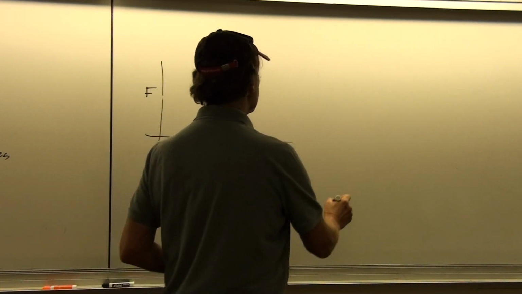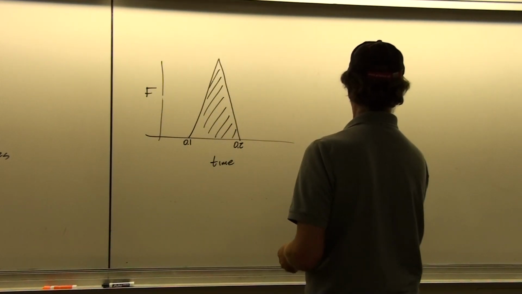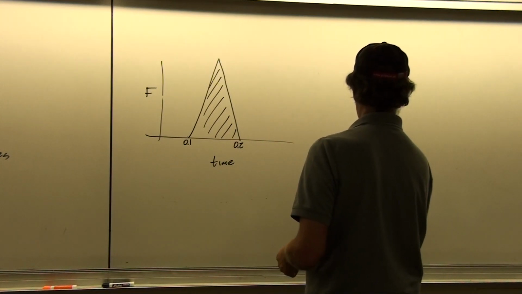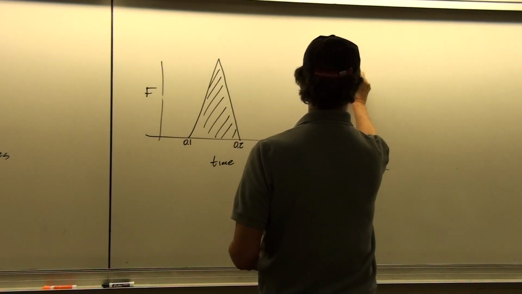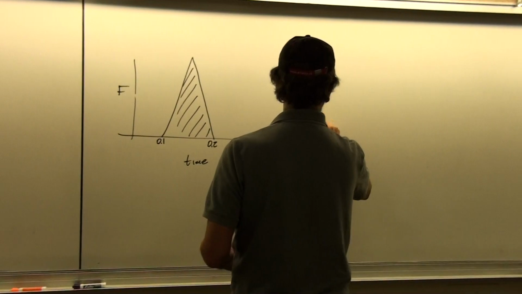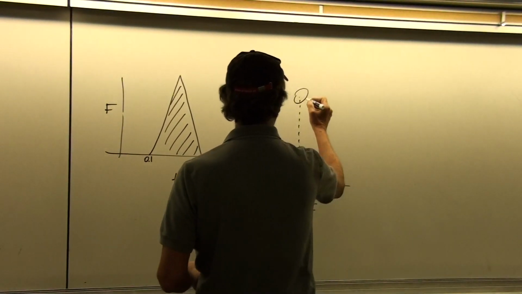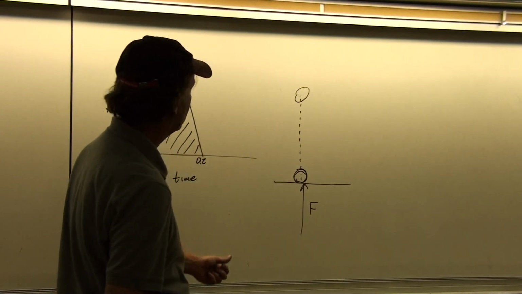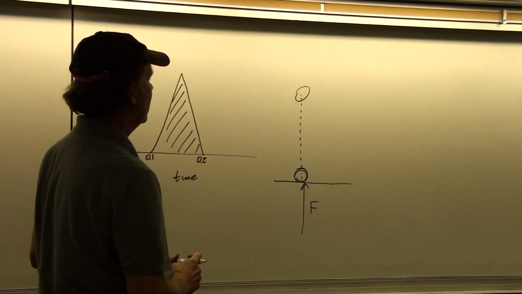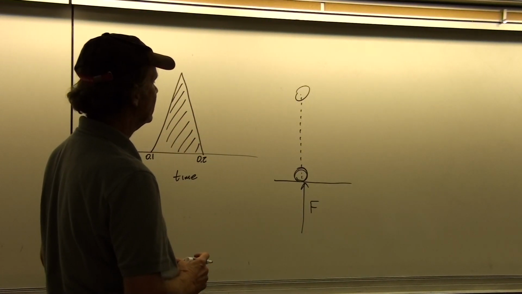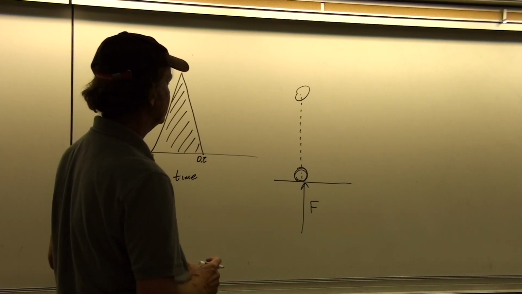And let's say that this is the force of the ground on the ball. So that force then is a time-dependent force as this ball falls through this height and then interacts with the ground, and that ground then causes the ball to be projected upward at some higher velocity.